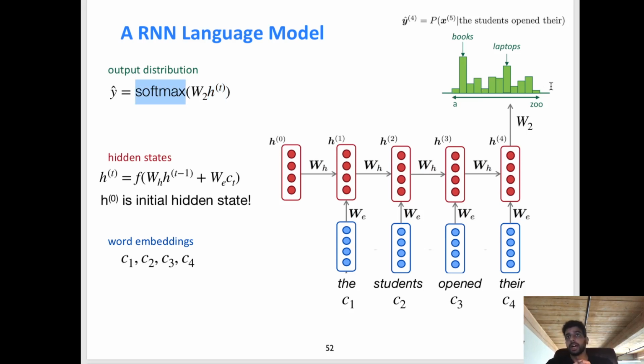Okay, so in this lecture, we've covered the forward pass for a feed-forward neural language model and a recurrent neural language model. I realize that this is a lot of information that's been compressed into one video.